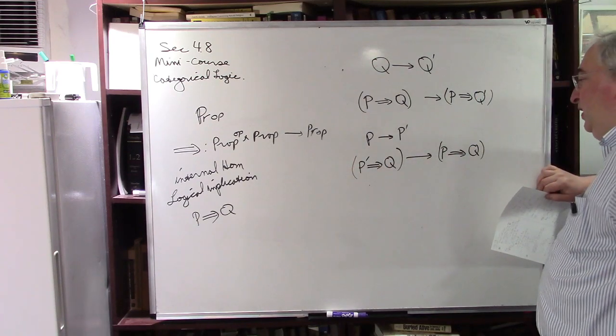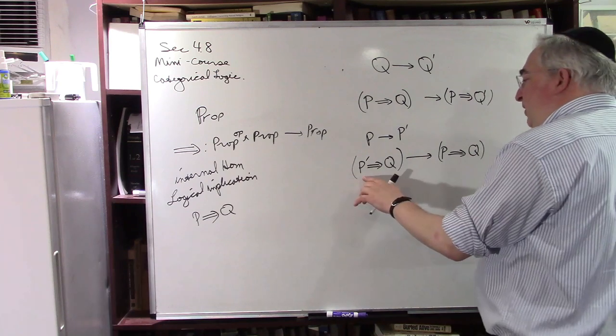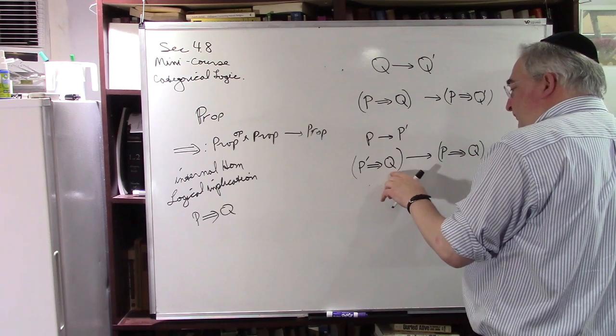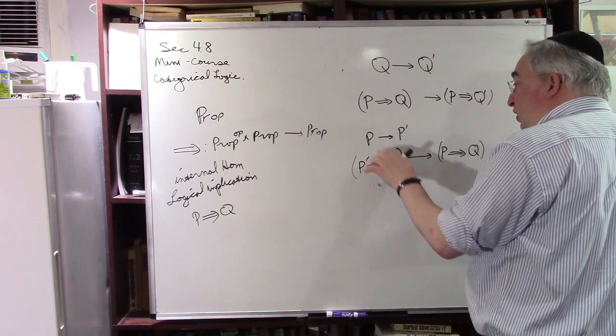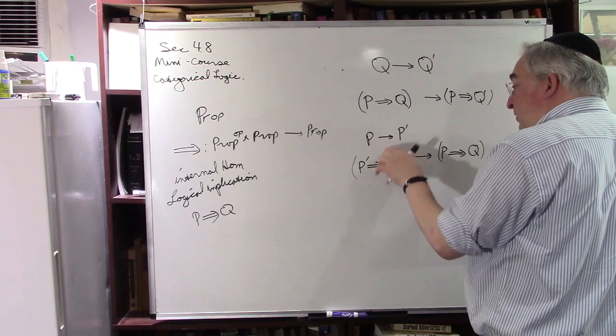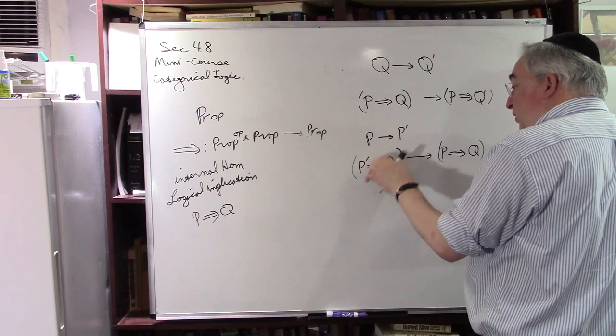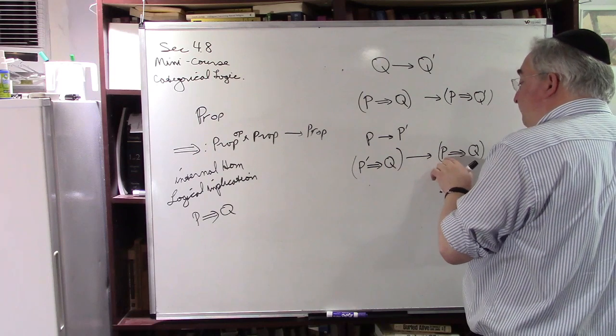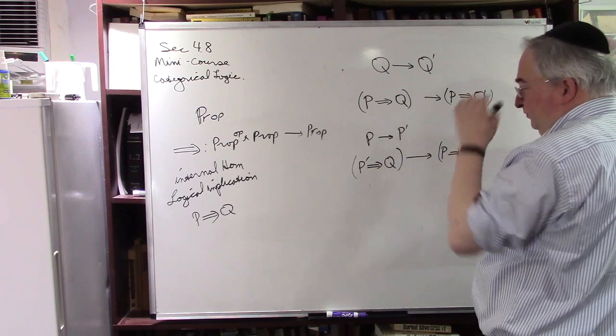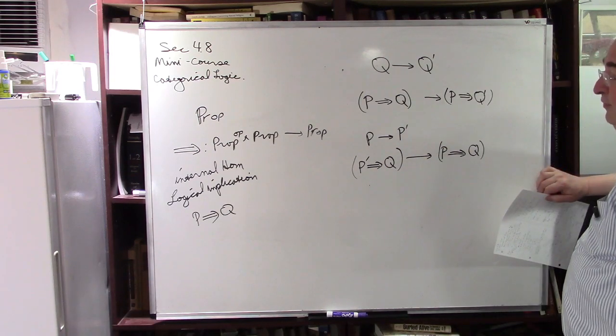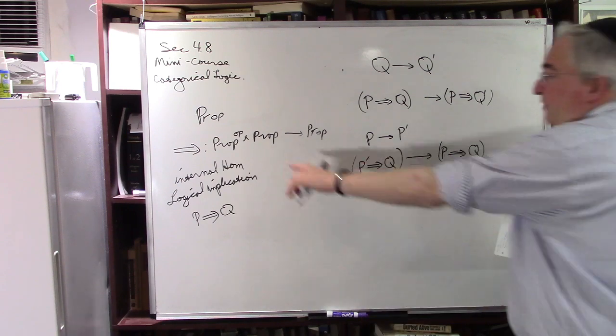This says, if P prime implies Q, then because you know that P implies P prime, you're going to have P implies P prime implies Q, so you're going to have P implies Q. So that's contravariant in the first variable.